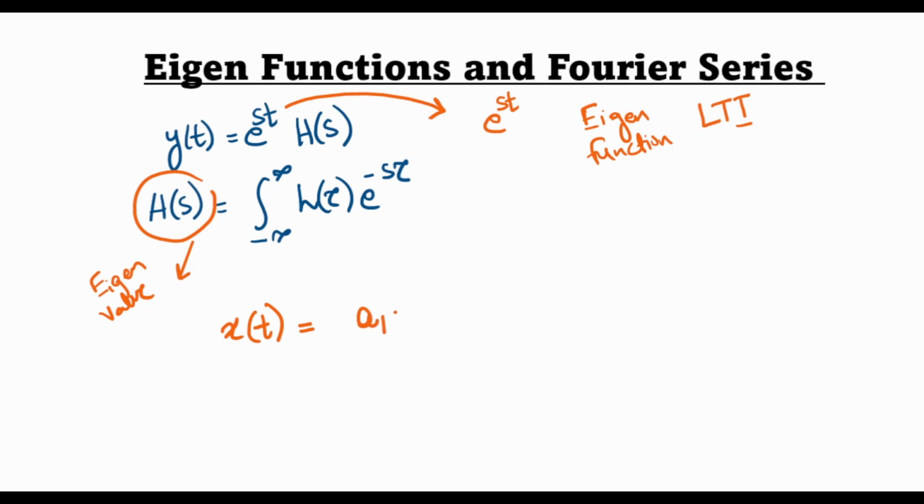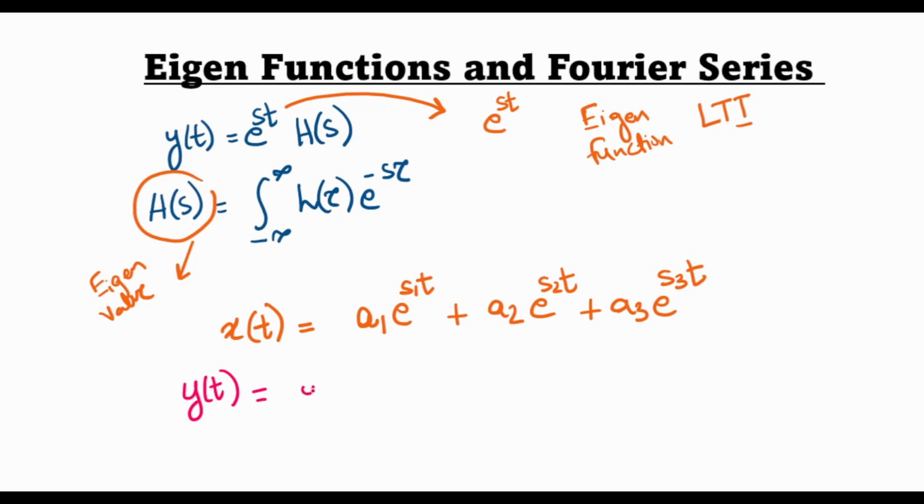So for instance, if the input is given as a1 e to the power s1 t plus a2 times e to the power s2 t plus a3 times e to the power s3 t, then I can write the output y of t as a1 times e to the power s1 t, which is the eigenfunction, since we know that a complex exponential is an eigenfunction, times its corresponding eigenvalue, which would be h of s1.